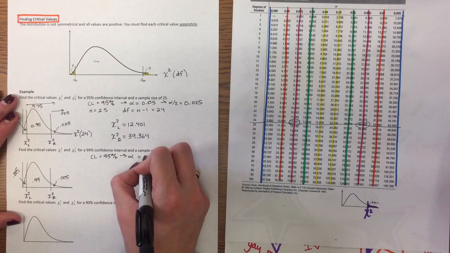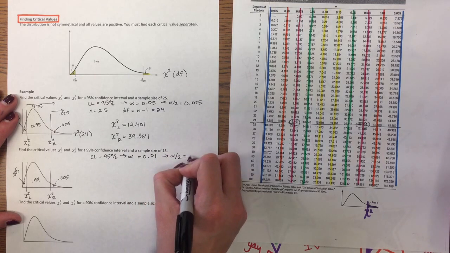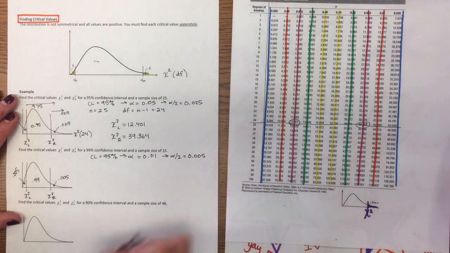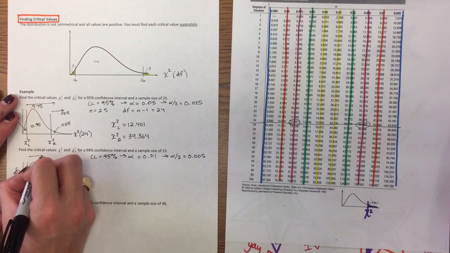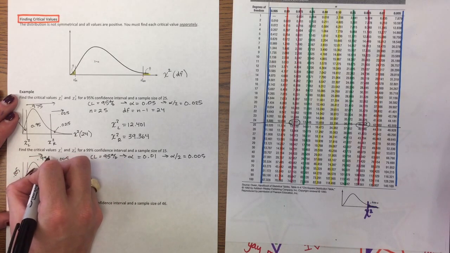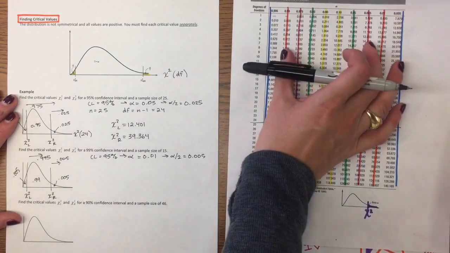So for a 99% confidence level, alpha is 0.01, so alpha over 2 is 0.005. So that would mean to the right is 0.005, and to the right is 0.995. Or I can use my doctored up table.